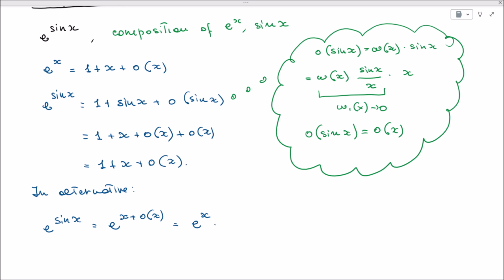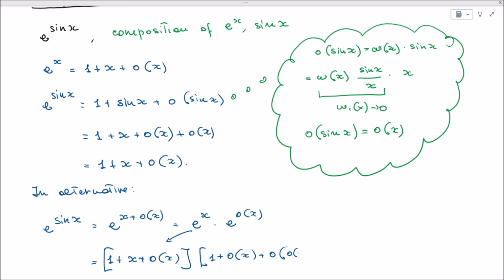And now we replace e to the x with 1 plus x plus little o of x. So this is basically the expansion of e to the x. And then we need to replace e raised to the little o of x with, of course, 1 plus little o of x plus little o of x, right?